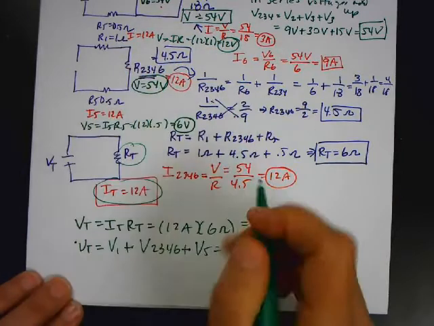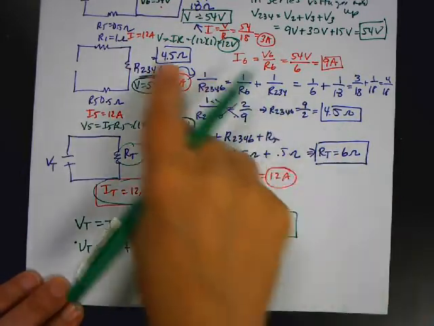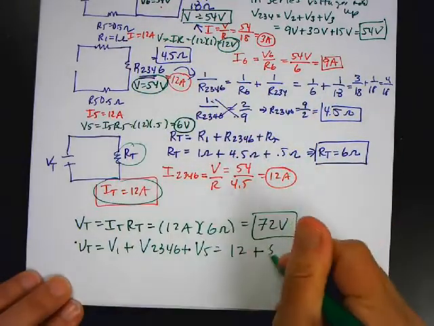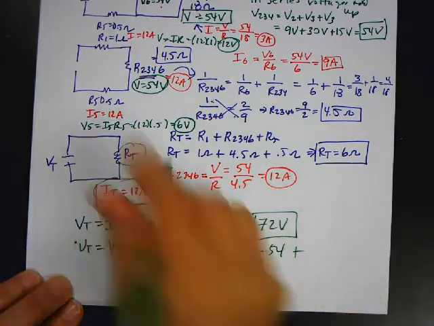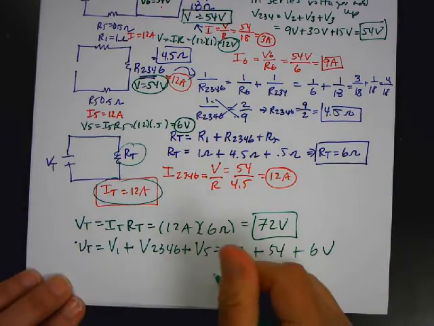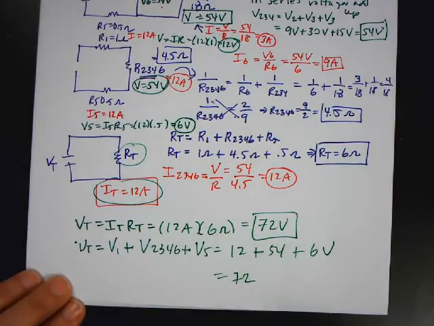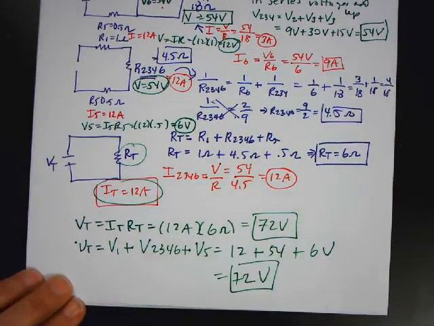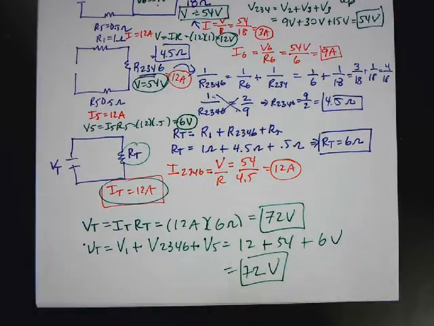Well, V1 was 12, V2346 was 54, and V5 was 6. So it's 54 plus 12 and 6, 72. So when you do circuits, you always have a way to go back and check your work.